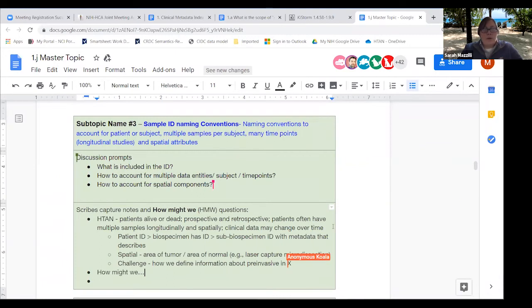The way a machine learning expert might do it is to set an origin and then use distance from the origin to identify that, so some sort of XY or XYZ, depending on the type of tissue. We're working to figure out how to define that, and I'm curious if others are struggling with that. I think these are related to the naming conventions, but maybe a little bit adjacent.